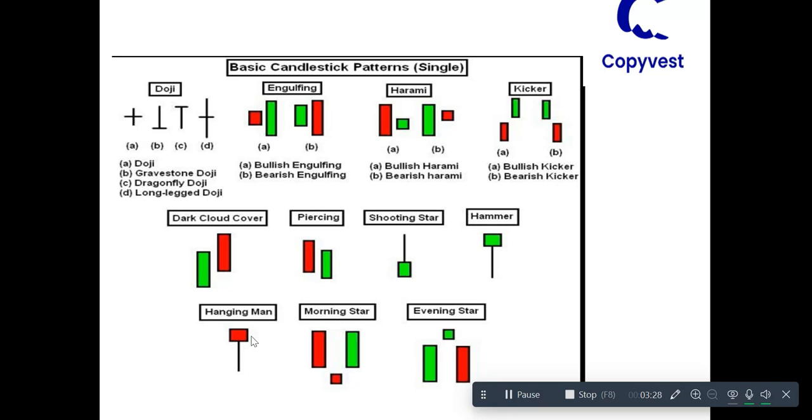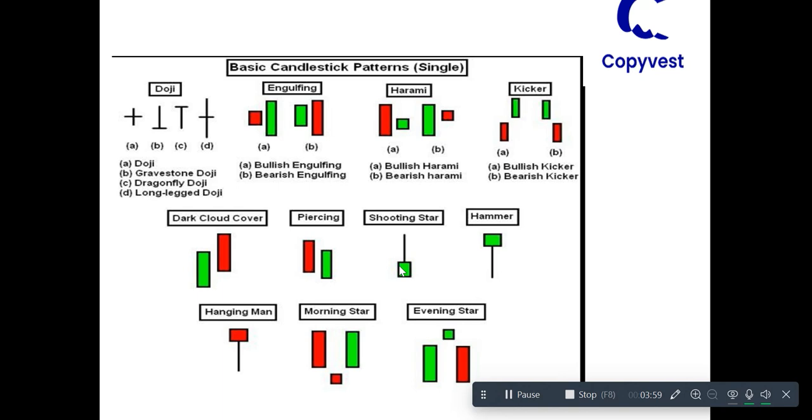Now the hanging man looks so much like the hammer, but it is called the hanging man because it hangs at the top of a trend and it depicts a possible uptrend reversal, or a reversal to the downside, whether for a total trend reversal or trend continuation. Okay, we have the morning star, which we are going to show some practical examples of.